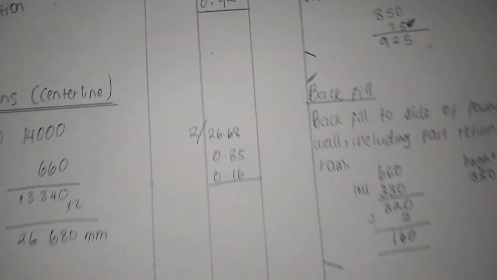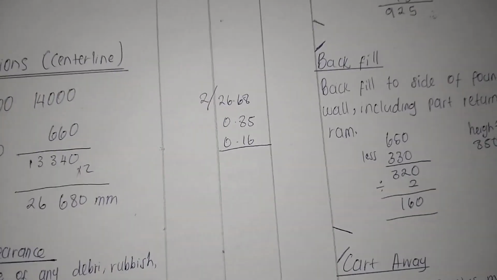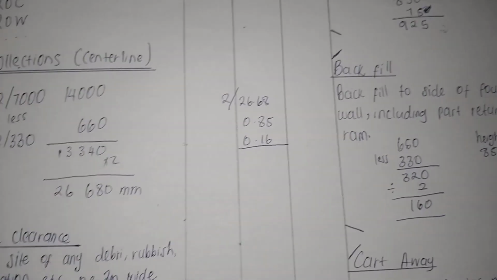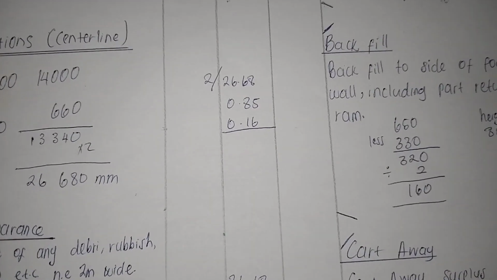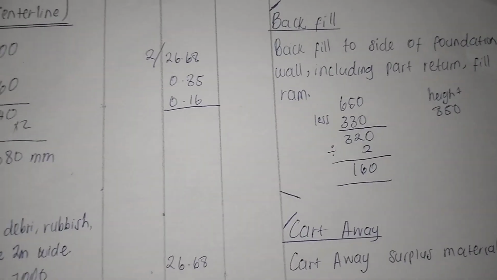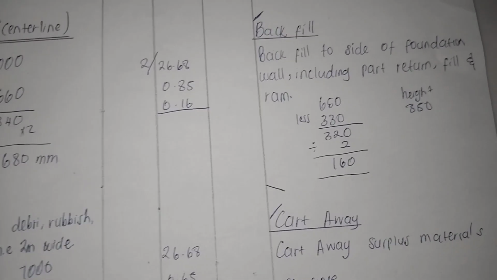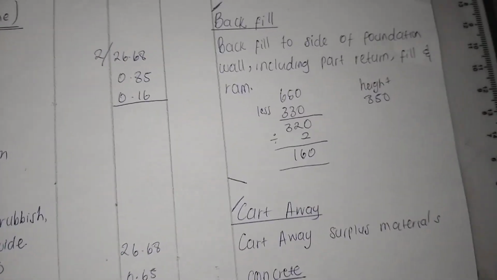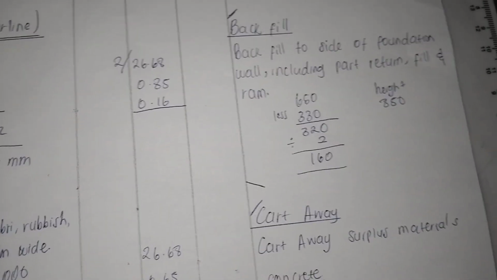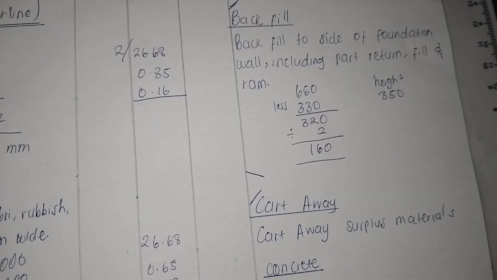So yeah, remember I told you that you have to know everything by heart, whether it's meters squared or meters cubed, right? And then the backfill, you write your description, and then remember we had 650, right? So on the backfill, we are calculating the space that has been occupied by the things that are in there.